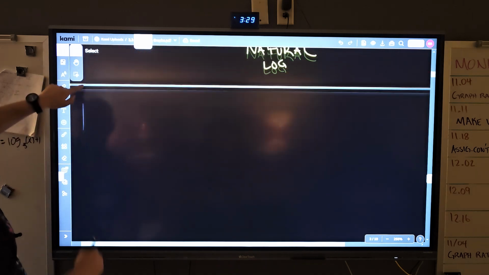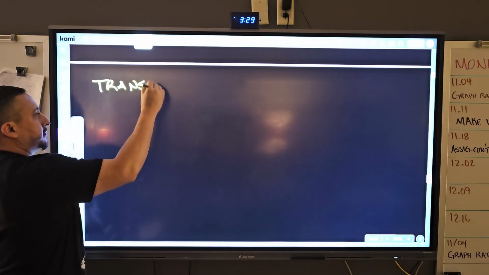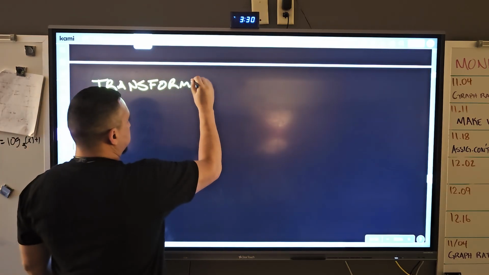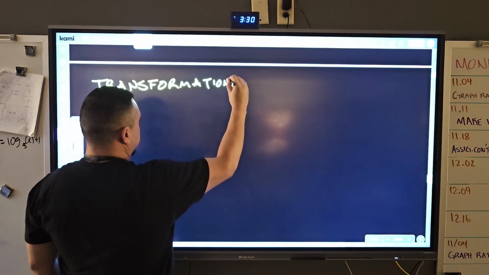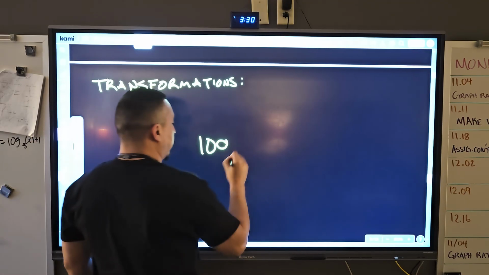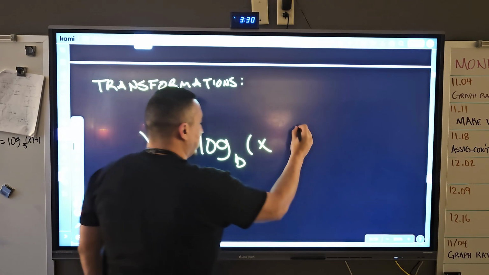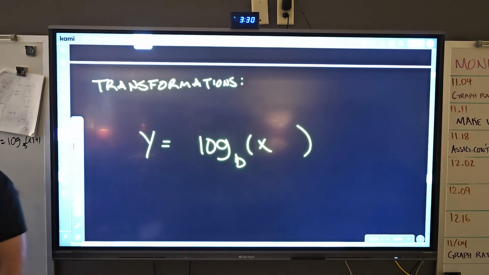Transformations are super easy with these again, so let's do this. y equals log base b of x. So there's your regular one, right? Without all the movements.